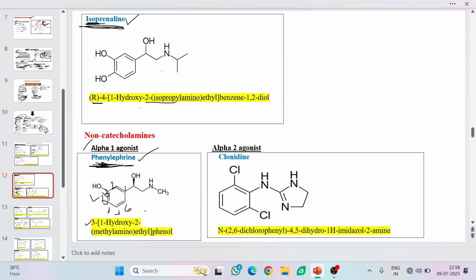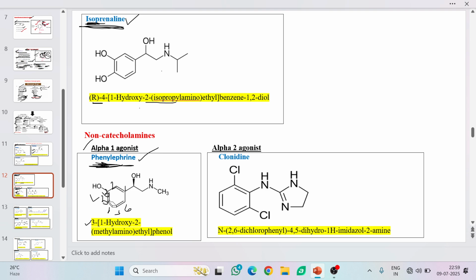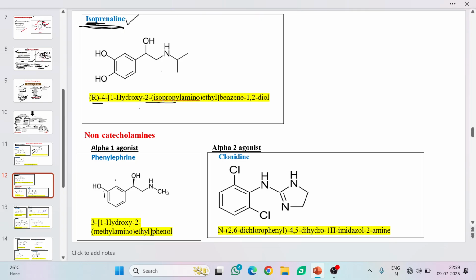Sorry, the name is different. Actually, it will start from this end. 1, 2, and this is 3. So this carbon is third.